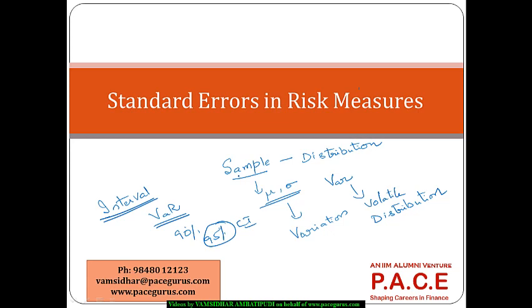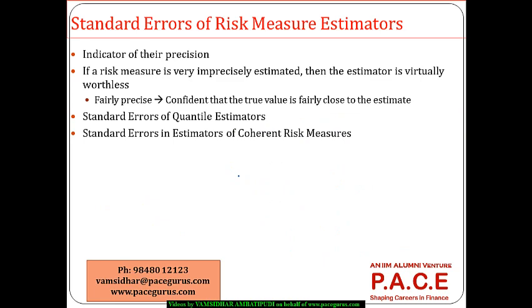Even with the coherent risk measures, the same thing is going to happen. Now how do we look at that? The reason we understand the standard error in the various risk measure estimations is to identify their precision, how accurate they are, because if they are measured imprecisely, probably that estimator is of no use. There is no point in looking at the value at risk if the measure of that value at risk is very imprecise. So that is the reason we are going ahead with mechanisms for computing the standard errors of the various estimators.